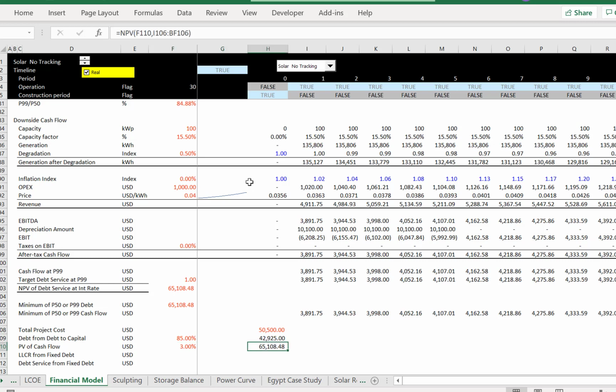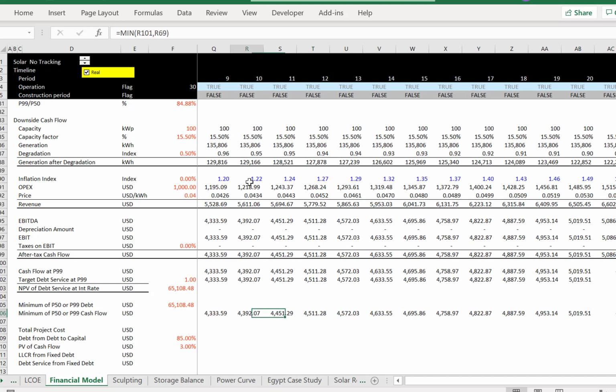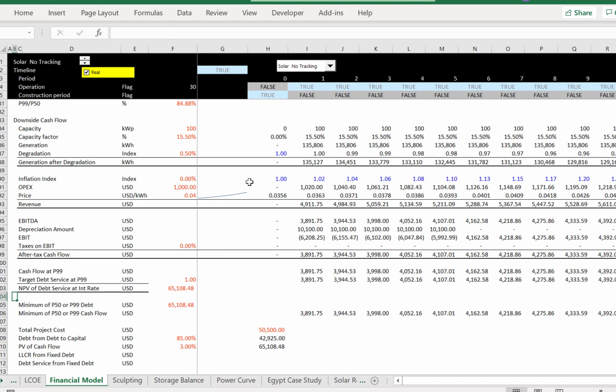And so in this case, what happens is we want to sculpt the debt, but when we sculpt the debt, the DSCR, the key formula is that the NPV of the debt service, and I should have explained that perhaps much better, that's the key formula in this whole thing. The NPV of the debt service is equal to the amount of the debt. In this case, we start with the amount of the debt, which is much less.